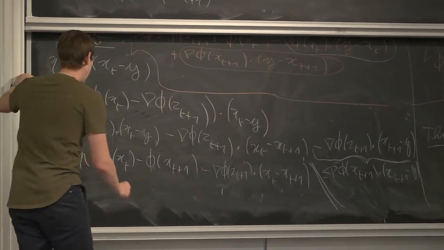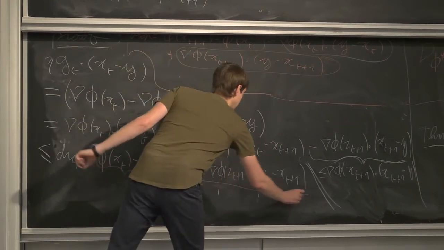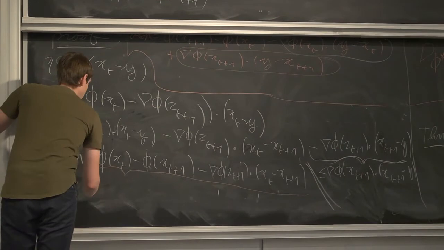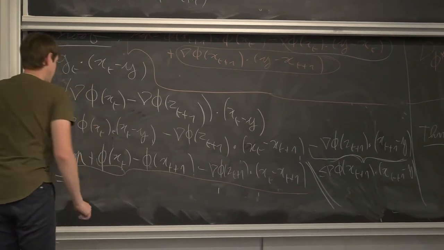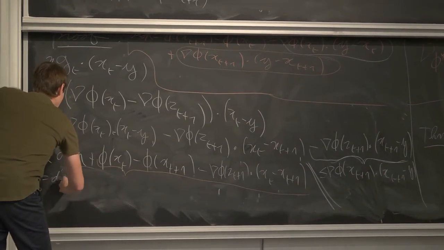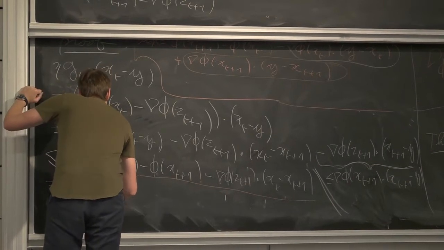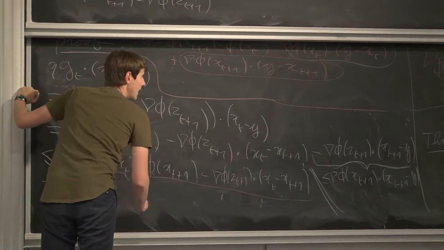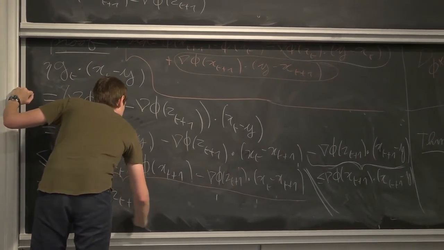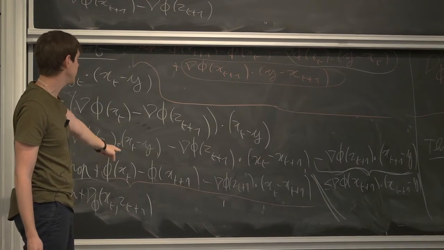So what do we have? With the drop, this is equal to the drop plus this term, D phi xt to zt plus 1. Now what do we have which is not correct? We have the phi of xt.